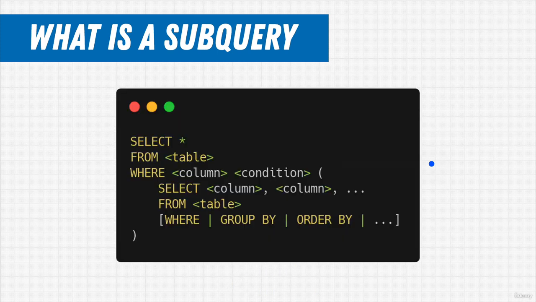Well, let's say we had a query where we're selecting star from a certain table and we wanted to do a condition: greater than, less than, in. We have all of these conditions that we learned with filtering, and we have a specific column.